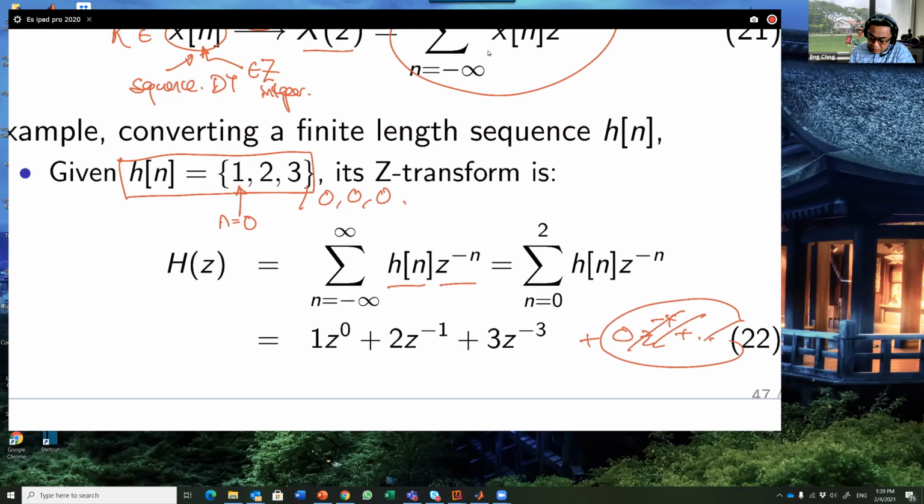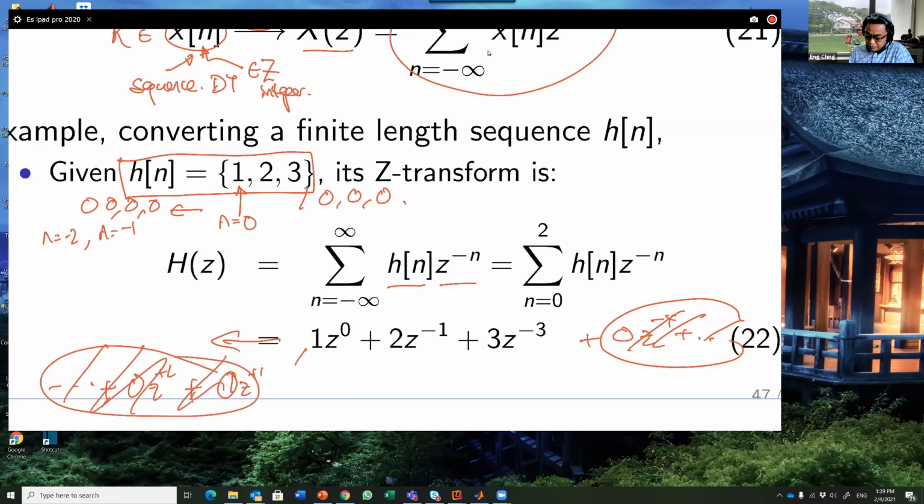What about on the left hand side, n equals to minus 1, n equals to minus 2, they are also 0. And so on this side, 1z plus 1, actually 0z plus 1, 0z plus 2, all these are also 0. So there's nothing to do also, and we circle this and we kill it off.